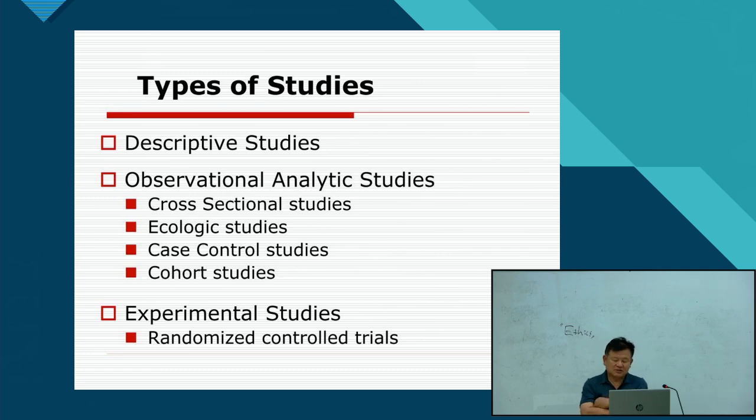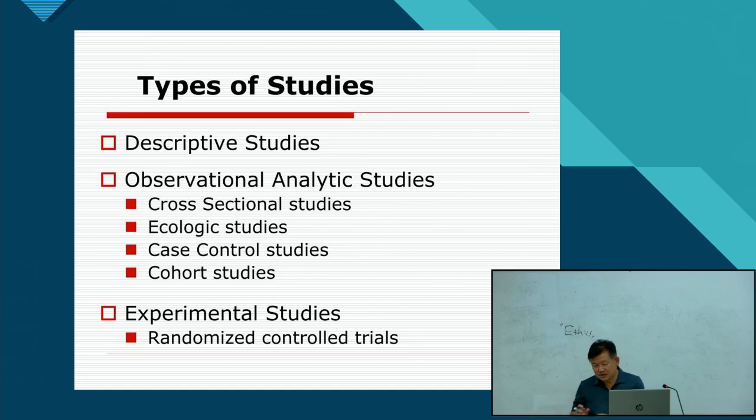Descriptive studies, mostly this is from the literature survey, descriptive, narrative, something, and observational analytic studies. It means we give two groups, and one group is given some specified material.